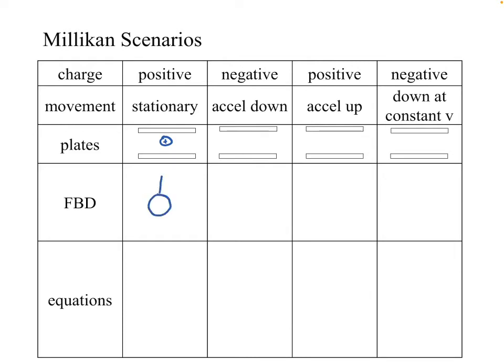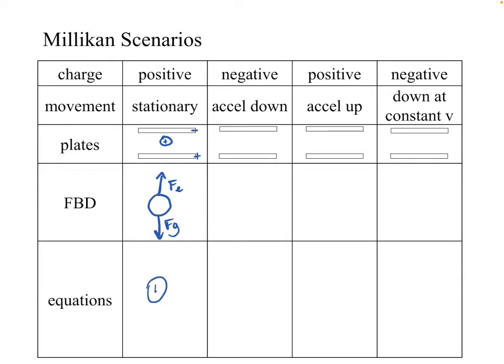Because we know it's stationary, we know therefore that the electric force and the gravitational force will be counteracting each other. Well, that means that if my electric force is upwards, this guy's got to be a negative plate and this guy's got to be the positive plate, right? And so again, as long as that voltage between the two plates is adjusted so that electric force is just as much as the gravitational force, there we go. It is staying still, okay?